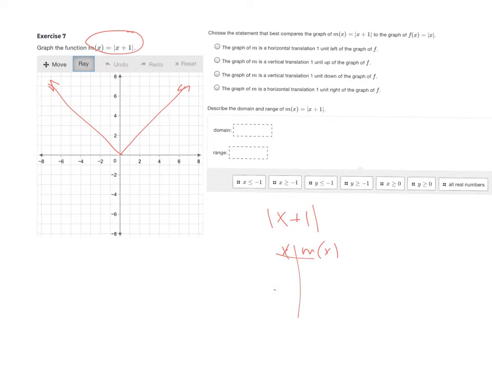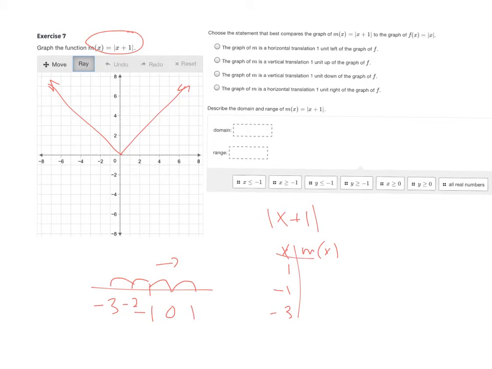So we know that we want negative 1. Now we want to think about a number line. If I'm at negative 1 here and I want to be equidistant on both sides, so let's say I go 2 to the right. 1 to the right is going to be 0, and another to the right is going to be positive 1. So I went 2 to the right. Now I want to go equidistant, so I want to go 2 to the left. So this would be negative 2, negative 3. So we're going to do positive 1, negative 3.